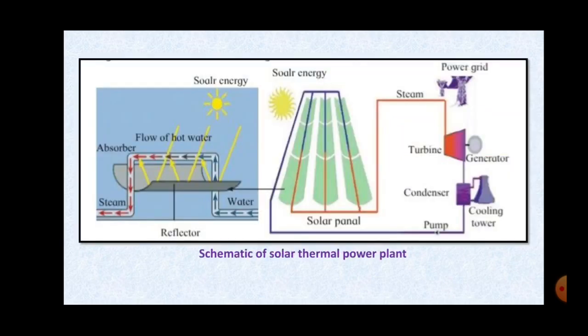Now this is the schematic of solar thermal power plant. Much explanation is not given in the textbook, so only the diagram you have to remember, and in short you can explain it.